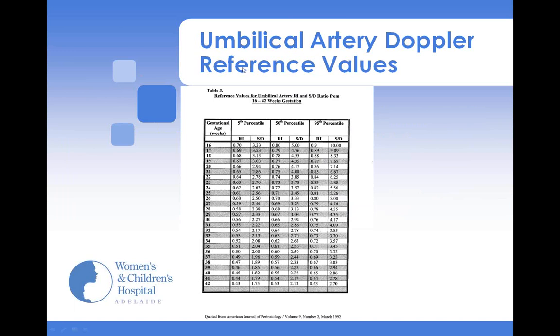As mentioned before, there are umbilical artery Doppler reference values, and I think it is a good idea for every ultrasound department that does obstetric ultrasounds to hold a copy. This is from the American Journal of Perinatology. For every gestational age there is a normal range, and early in the pregnancy, before about 30 weeks, the S/D ratio or resistive index tolerance is quite high, more than people actually imagine.